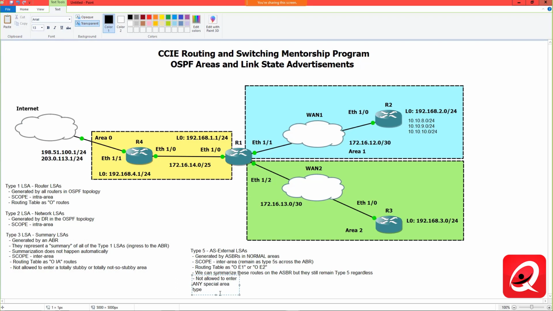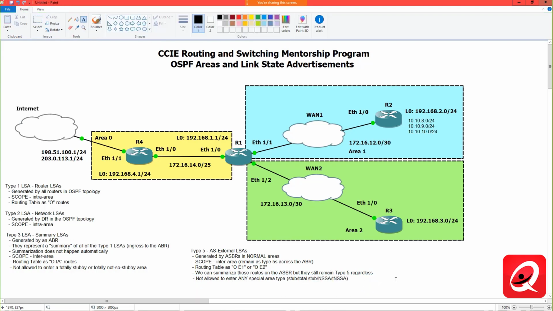So if I have an area set up as a stub area, or I might as well put stub / total stub / not so stubby area / totally not so stubby area, etc. Okay, so if I had area 2 configured as a stubby area, then the type 5s coming from R4 would stop at the area border router going into area 2. All right. So far, so good.